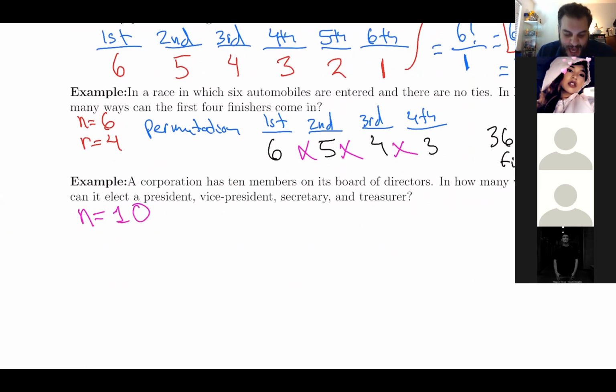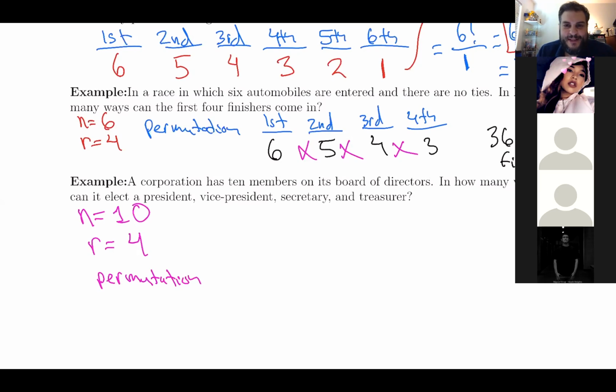Cool. How many positions do we have to fill? 4. And does it matter how they arrange them? Yeah, because pretty much you'll have different duties and different pay. So that's why this will be, once again, a permutation.